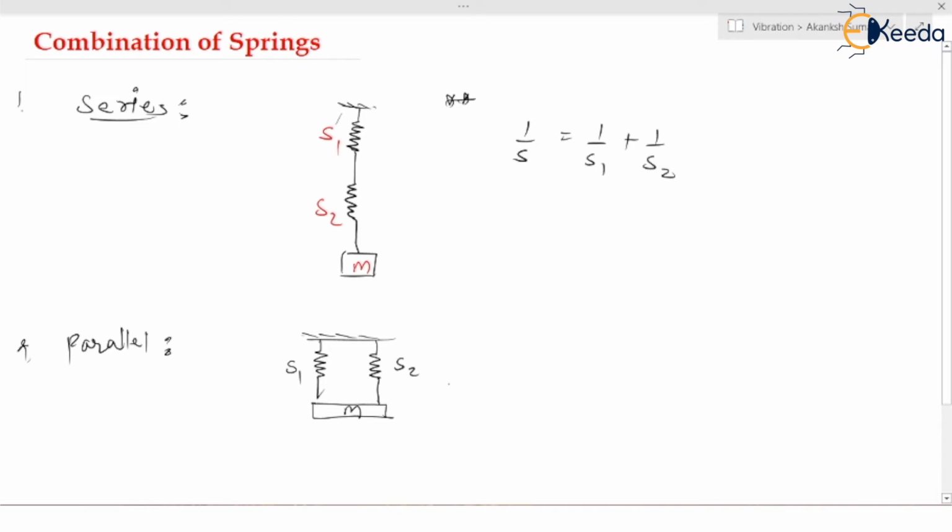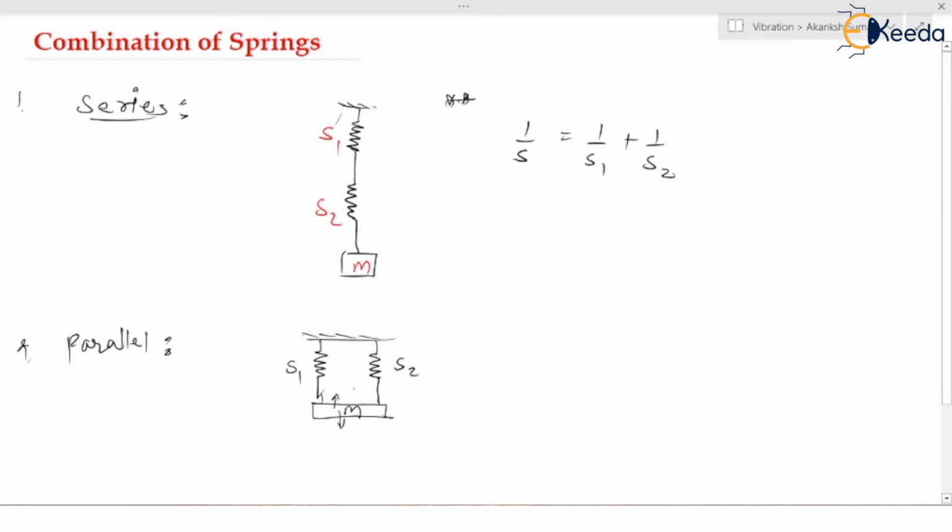Now what would be the spring stiffness for the whole system? Because these are in parallel, practically you can see here, when you compress this, that means when you move this block in the upward direction, both springs will compress together. As you move this M block in the downward direction, both springs will extend together. So the compression and the extension of both springs would be the same, because both are compressing at the same time and to the same level.